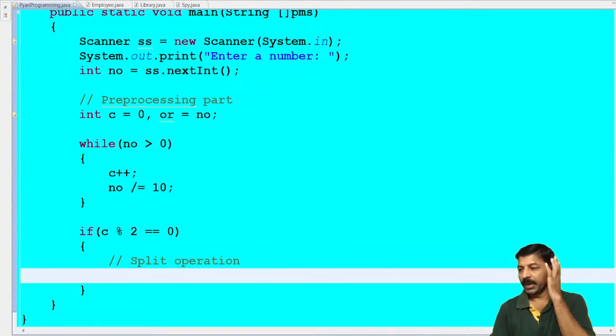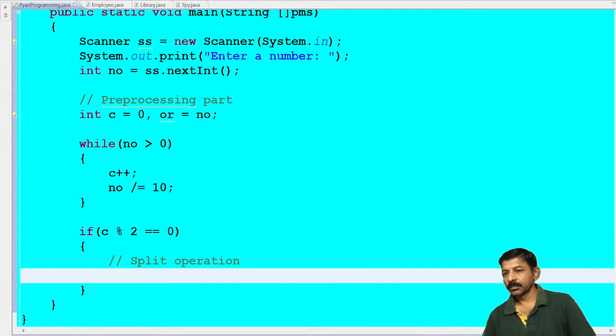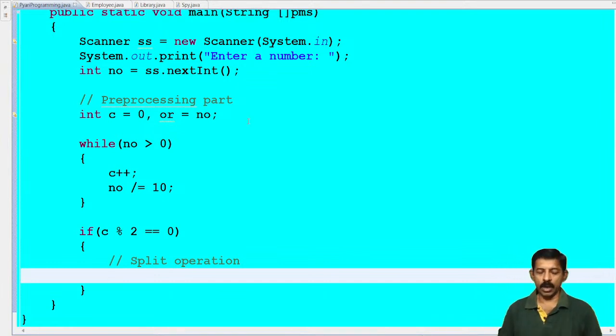Okay, how to split? How to split the number into equal parts? C by 2. Varsha says that C by 2. Okay, I am taking int part is equal to C by 2.